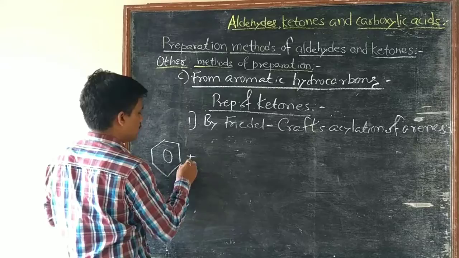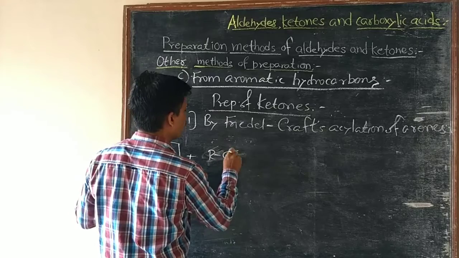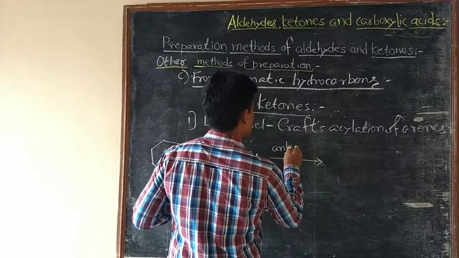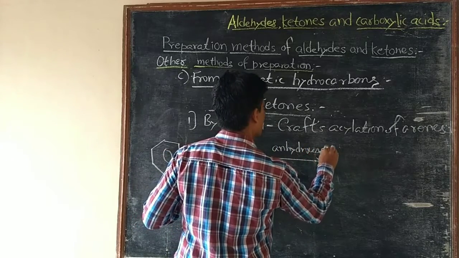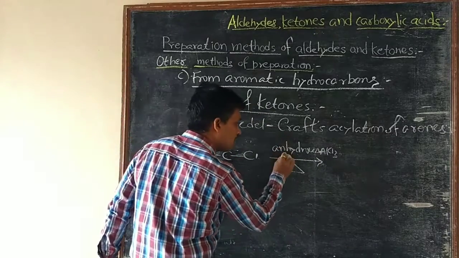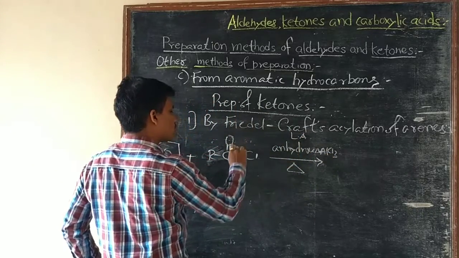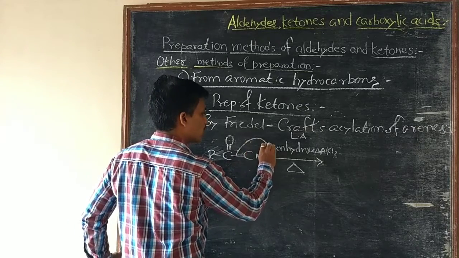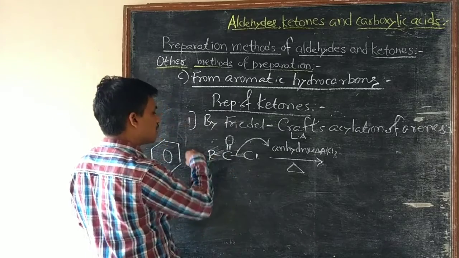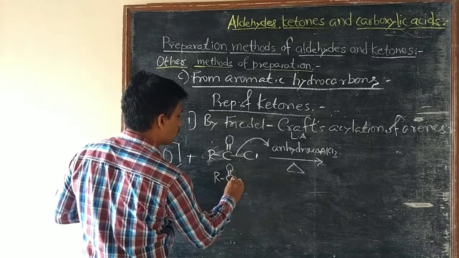When benzene is heated with acyl chloride in presence of anhydrous AlCl3, and when heated, this anhydrous AlCl3 acts as a Lewis acid. It withdraws this electron pair towards itself with this chlorine atom. Therefore it forms its acylium ion, that is, it forms RC double bond O plus.